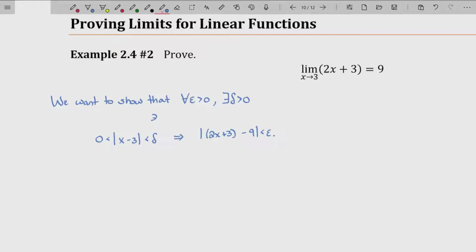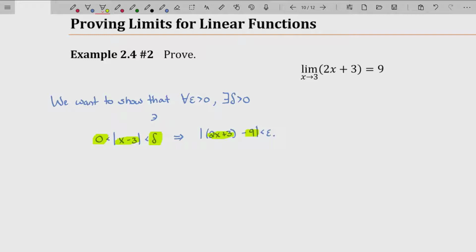Anyway, we want to show that for all epsilon greater than 0, there exists a delta greater than 0, such that as long as the distance between x and 3 is small, how small? Less than delta, but still positive, so x can't be 3. As long as x is close to 3, we will know that our function is close to the limit 9. That is the idea. How close to 9? Within an epsilon neighborhood of it.